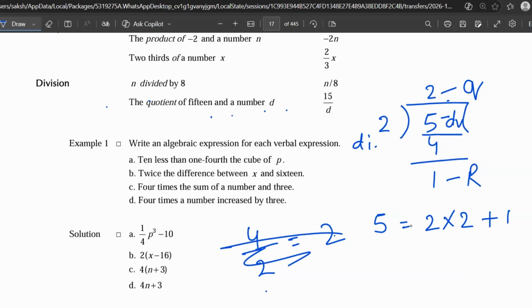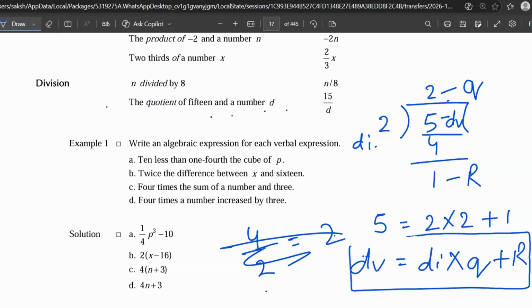If I have to write the whole equation, you write: dividend equals divisor times quotient plus remainder. Okay, so dividend equals divisor into quotient plus remainder. And here I gave you one example too.